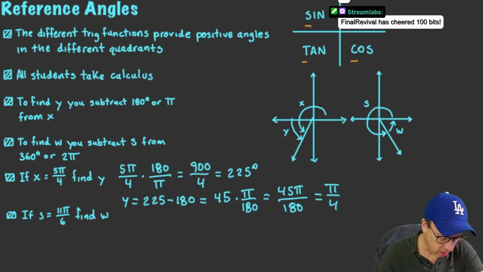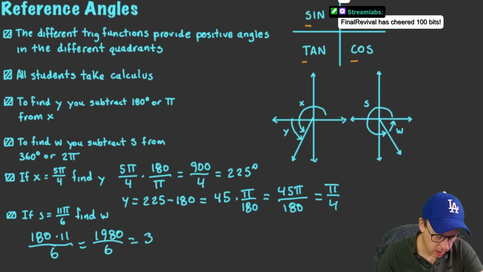So let's say that s is equal to 11 pi over 6, and we want to find w in that situation. Well, we would just take 180 times 11 over 6. This is going to be equal to 1980, which divided by 6 is going to give us 330.